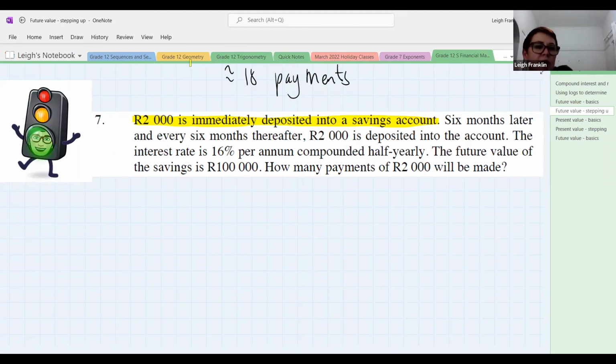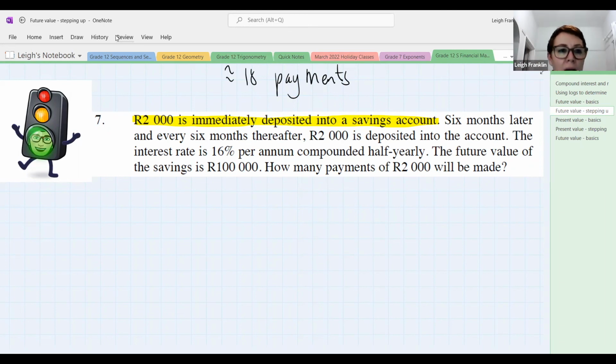So we would generally work out the number of payments and then add one, right? Isn't that what normally happens when there's an immediate deposit? So 6 months later and every 6 months thereafter, 2,000 Rand is deposited into the account. The interest rate is 18% per annum compounded half yearly. The future value of the savings is 100,000 Rand. How many payments of 2,000 will be made?